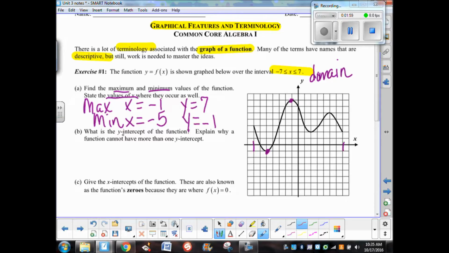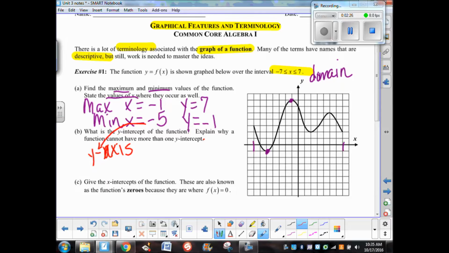Another piece that we need to consider, the y-intercept of the function. So the y-intercept, just like you learned last year, is where the graph crosses the y-axis. Explain why a function cannot have more than one y-intercept.